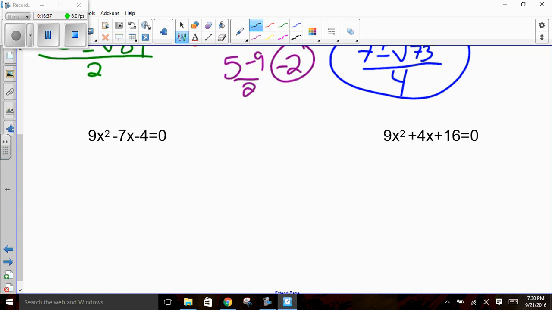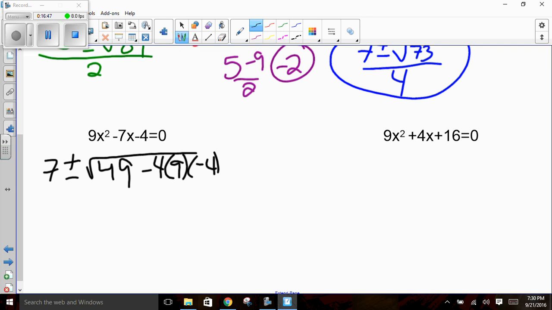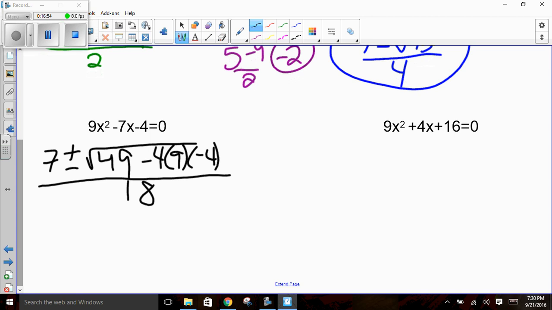All right, third problem. Opposite of -7 is +7, so I have 7 plus or minus the square root of 49 minus 4 times 9 times -4, all over 2 times 9, or 18. -4 times 9 times -4 gives me 144.